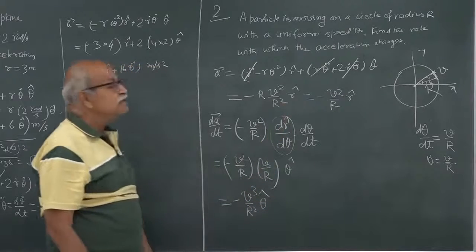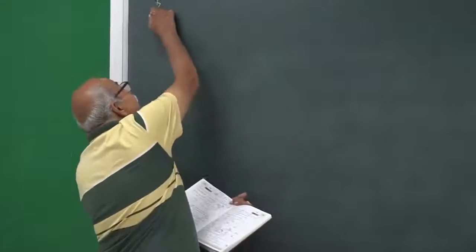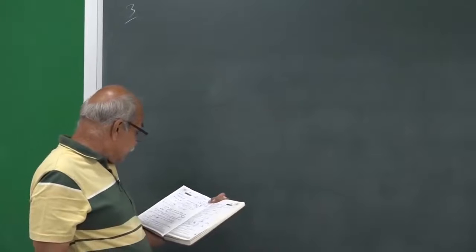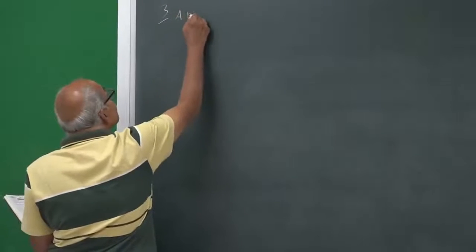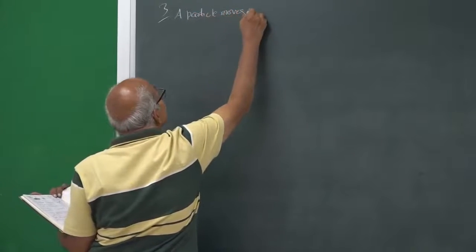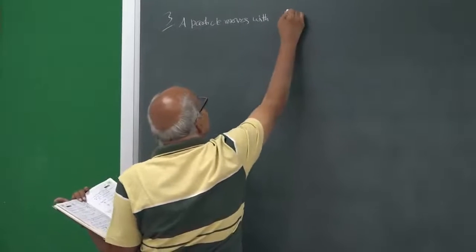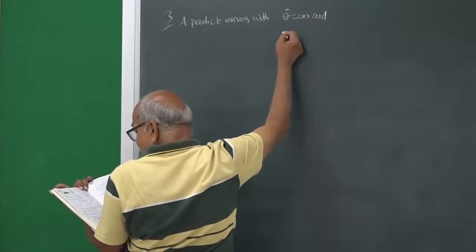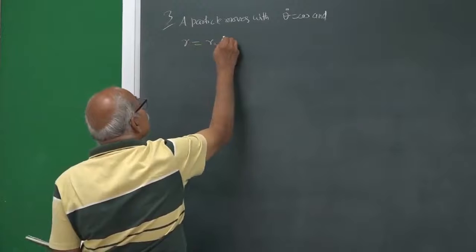This is our question number 2. Next, question 3, and this is based on example 1.17, and it says that a particle moves with theta dot equal to omega, which is constant, and r equal to r naught e to the power omega t.